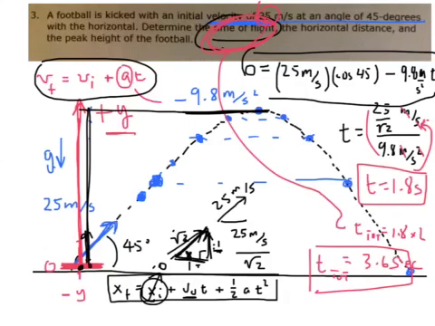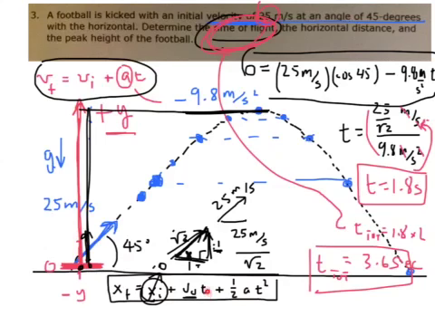So if we go back to our problem, we remember that what we're trying to get here is the peak height of the football. So we're trying to use our equation, this one down here, to solve that. So the y final, this peak height, is the y initial 0 plus the initial velocity, which we now know is 25 over the square root of 2, times time.